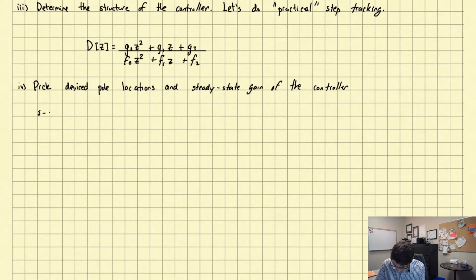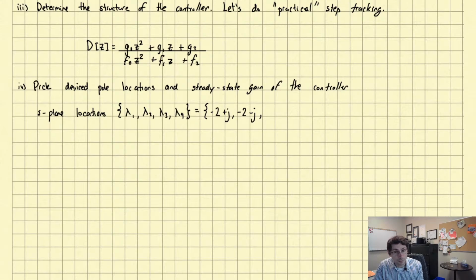We first pick the S-plane location in the good region. So there'll be 4 of them in this case because, again, plant and controller are second order. So I will pick, as always, 2 dominant complex conjugate poles. Okay, and then our non-dominant ones further away. So these are the dominant, non-dominant.